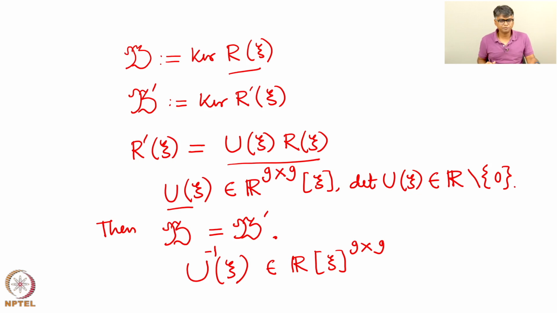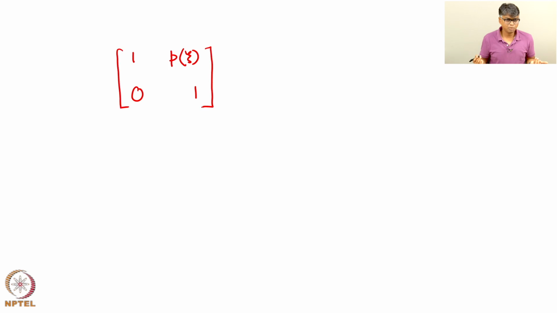Can we have examples of unimodular matrices? Well, of course, one can easily concoct such examples, namely a 2 by 2 unimodular matrix can be like this. This is any arbitrary polynomial, this is upper triangular, you see, and its determinant is 1, which is a non-zero constant. So, therefore, this is a unimodular matrix.